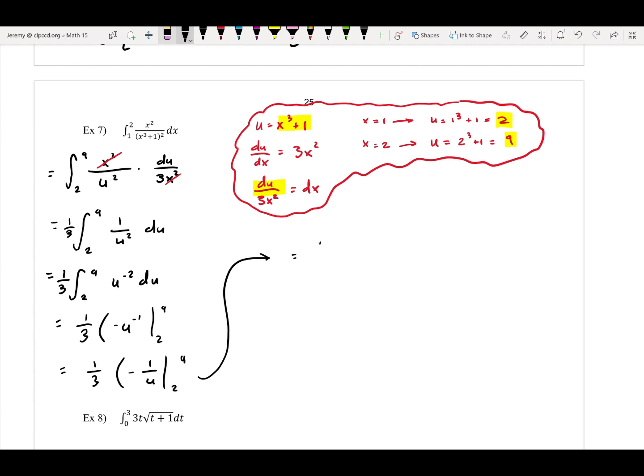Okay, let's substitute in those values. So 1/3 times negative 1 over 9, using plenty of grouping symbols here, and then subtract from that negative 1 over 2. Being very careful about all those negative signs, so I'll have 1/3, and then it's going to be negative 1/9, and to get a common denominator of 18, negative 2 over 18 plus 9 over 18.